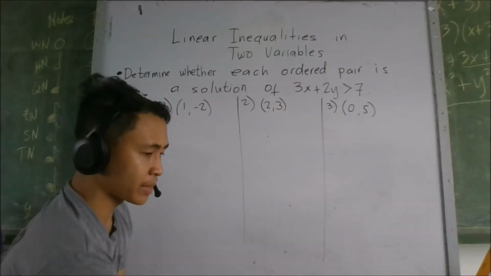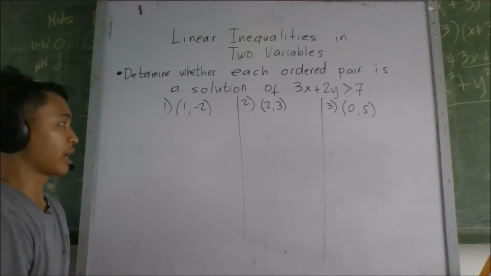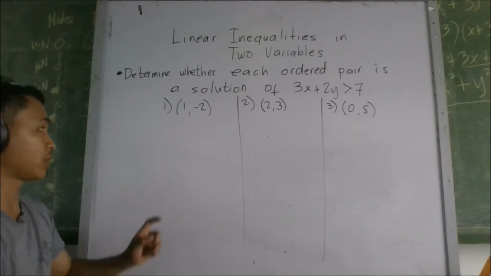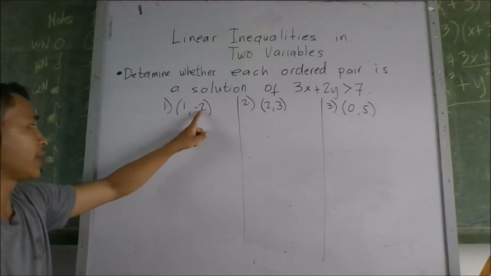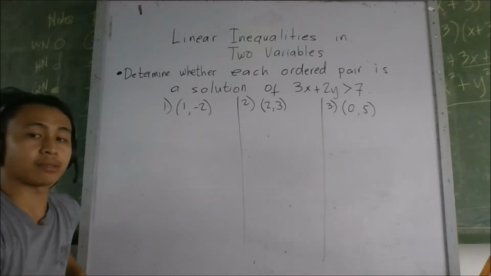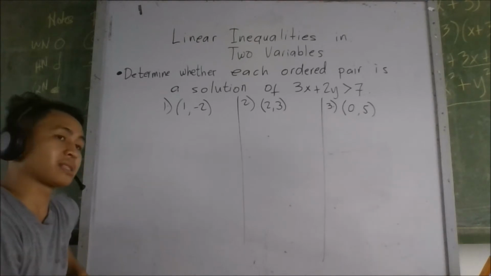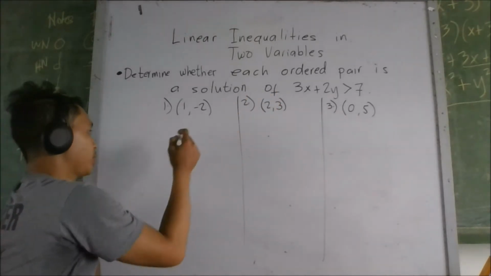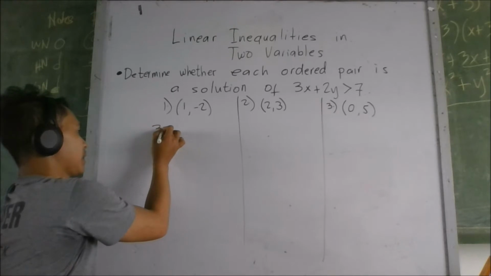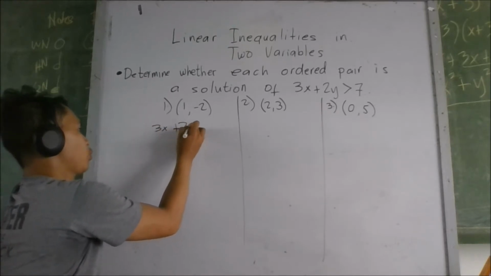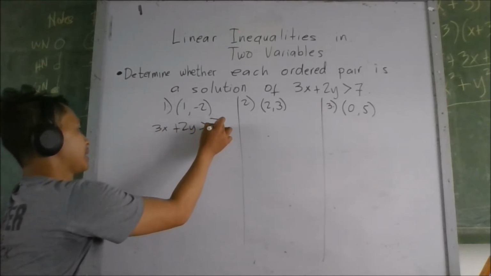Okay? So again, the first step here is substitute. Let's say, for example, number 1, we have the ordered pair 1, negative 2. Now, how are we going to do this one? Again, first step, substitute. The given inequality is 3x plus 2y is greater than 7.